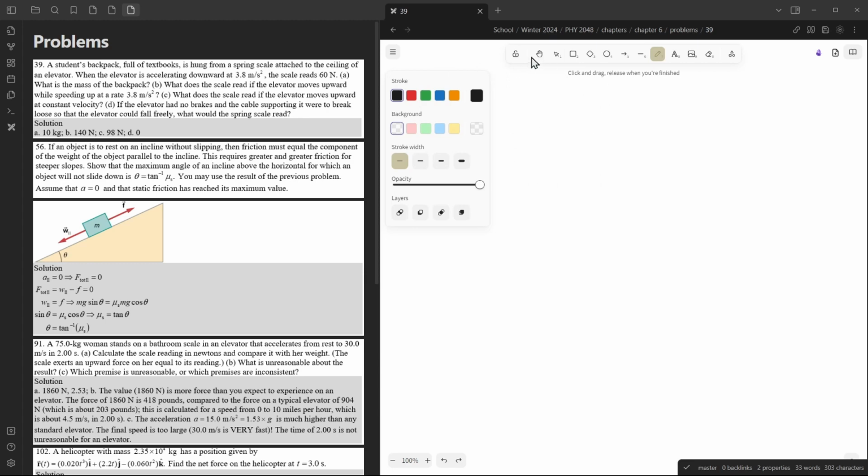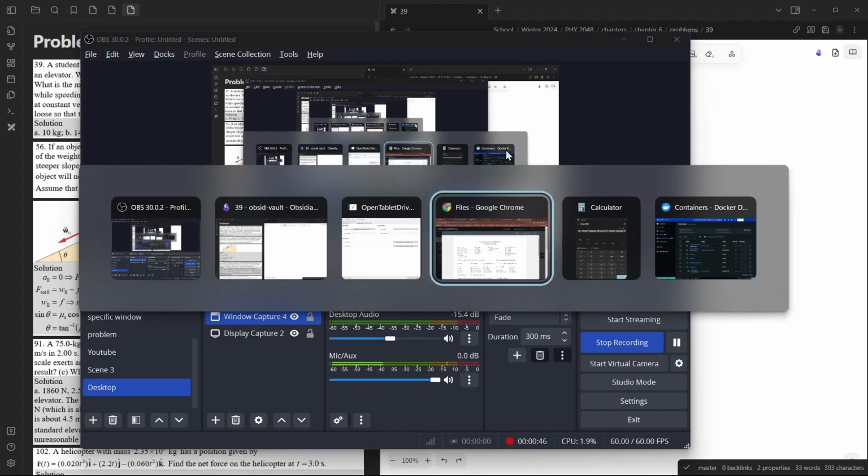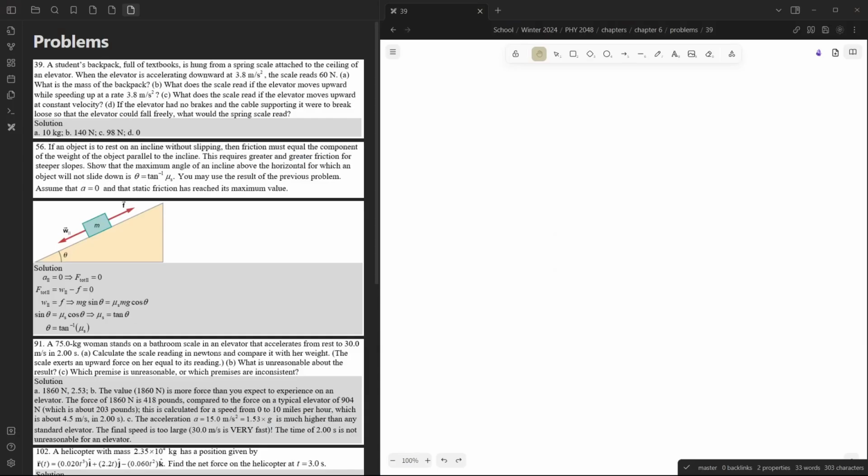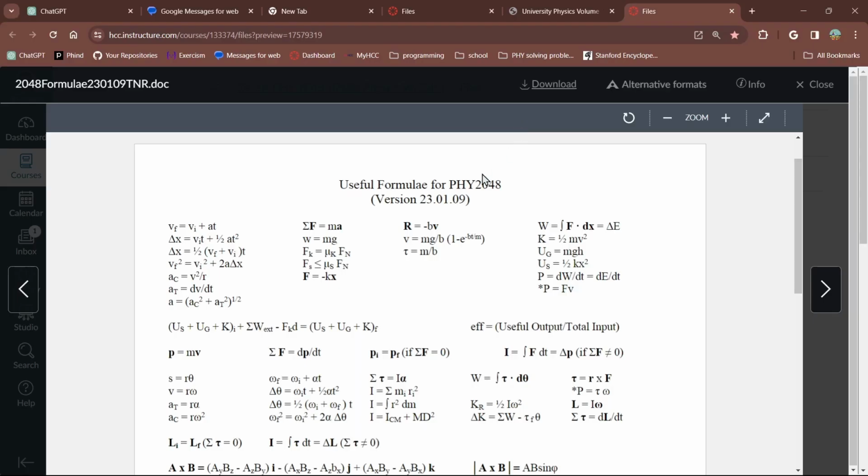So we know that in chapter 6, if we go to our formula sheet, the sum of the forces equals ma. A little tip for these problems: if it's asking you for the mass of the backpack, try to remember any formula that has the mass variable in it.